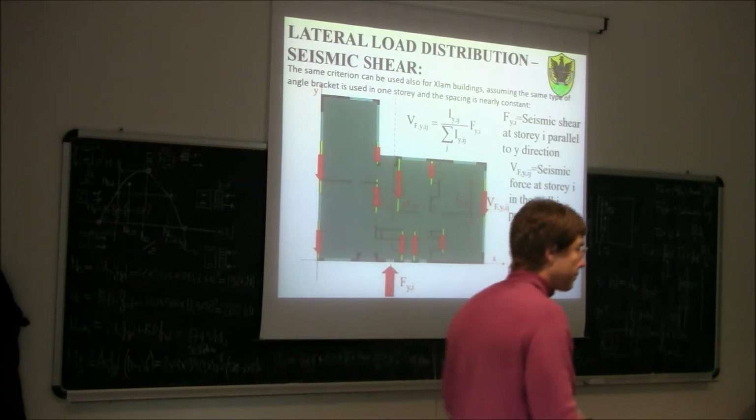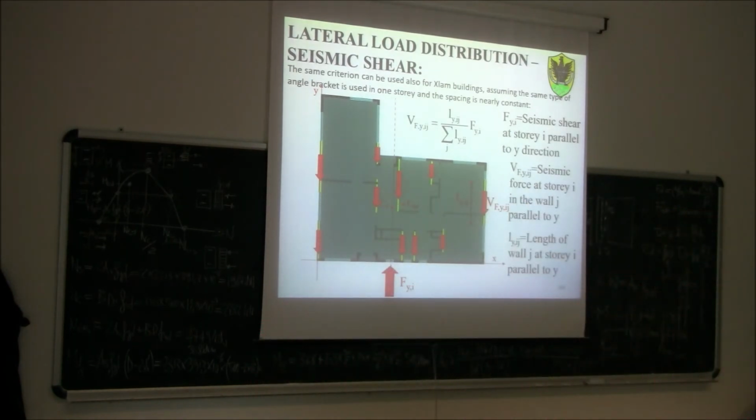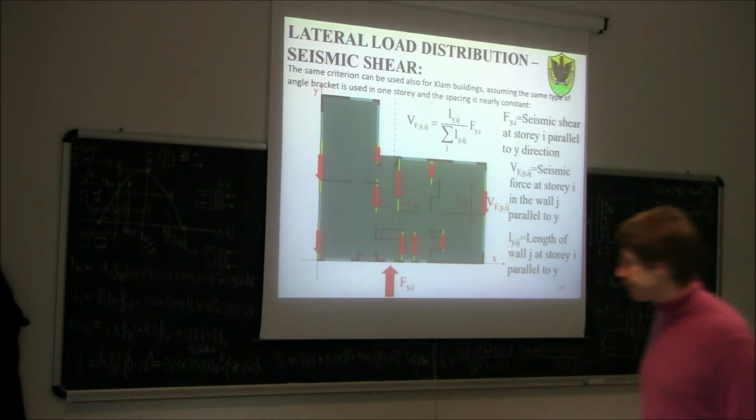And also, the spacing between the angle brackets should be kept more or less constant. Based on this hypothesis, we can say that also for a cross-laminated building, we can use this simplified criterion and distribute the shear in proportion to the wall length.